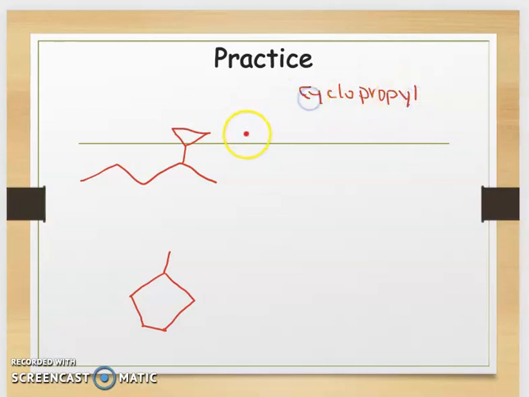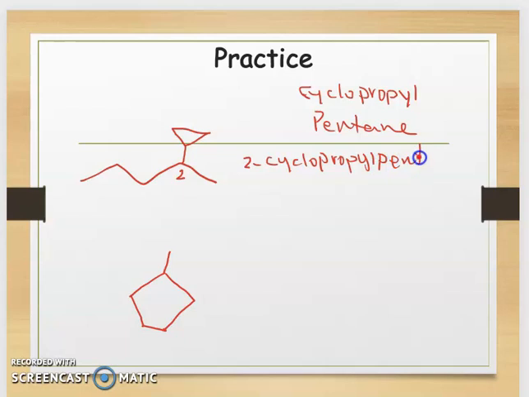Okay, and then our parent chain is 1 2 3 4 5 carbons, so it's a pentane as my parent chain. All right, so then you have the branch on the second carbon, so it's going to be 2-cyclopropyl pentane. Okay, that's simple.